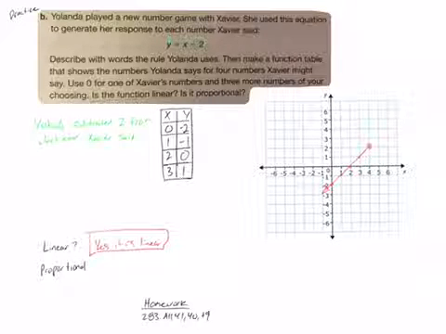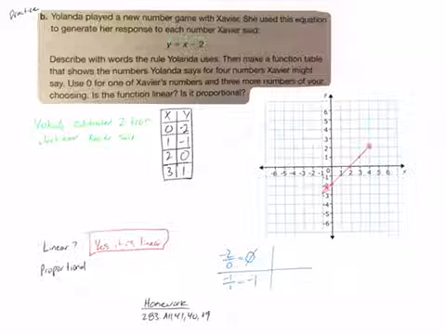And then is it proportional? Well, let's find out. Is negative 2 over 0? That's actually undefined. We can't divide by 0. What about negative 1 over 1? Which is going to be negative 1. 0 over 2. If I have 0 cookies, I divide amongst my 2 friends, they each get 0.